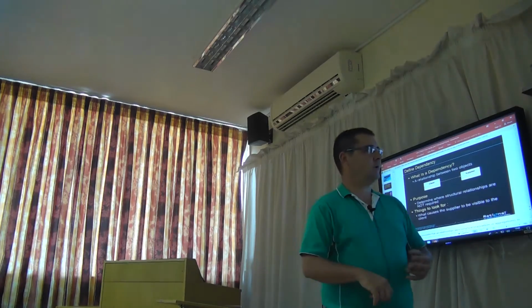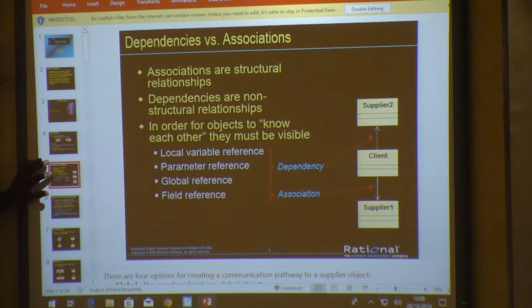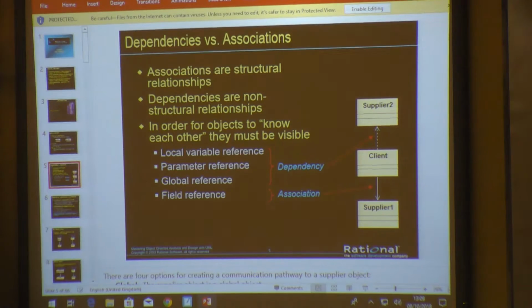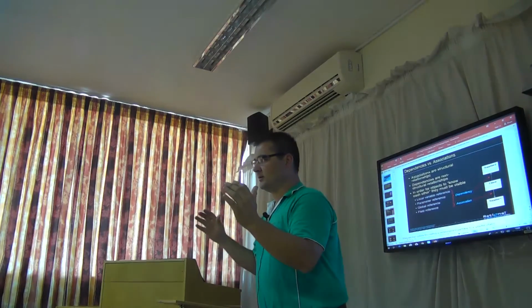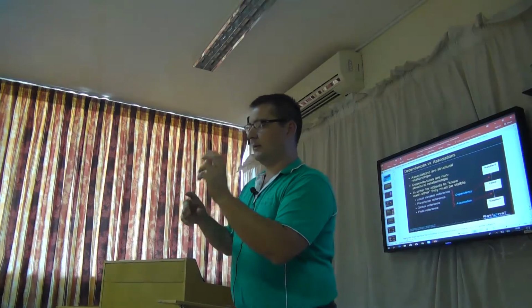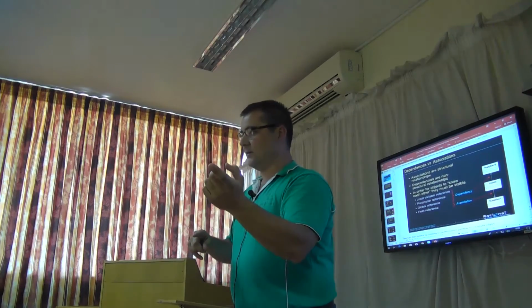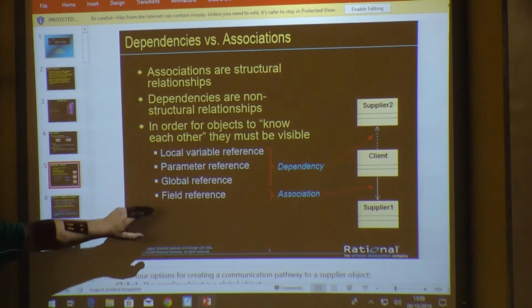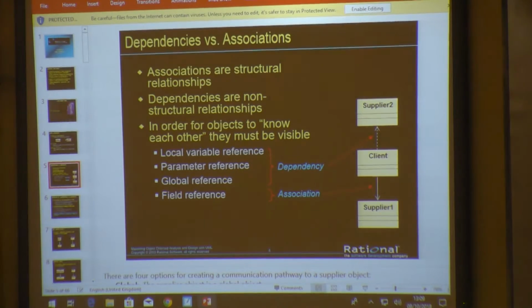Now, there are different types of dependencies. There's a local variable reference, parameter reference, and also a global reference. So what we're seeing is that either the attribute, which we're passing around as part of the parameters, has a data type based on another class, or the thing which it returns, or the local variable which is used, or a global reference is based on some other class.